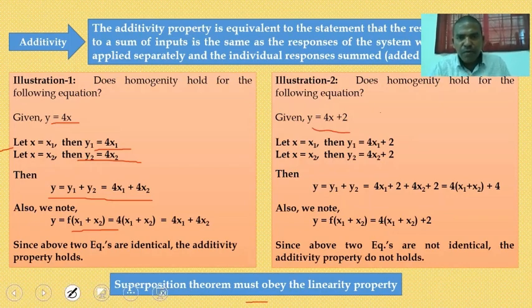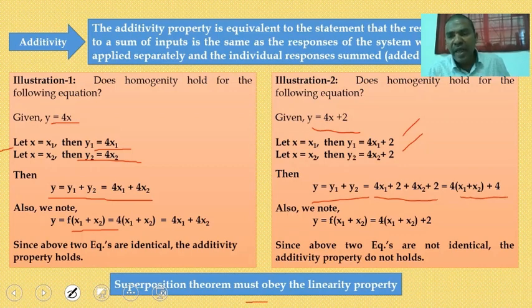Here x is equal to x1, so y1 is equal to 4x1 plus 2. x is equal to x2, y2 is equal to 4x2 plus 2. Now the overall response y is equal to y1 plus y2. If you substitute, you get 4x1 plus 2 plus 4x2 plus 2. So finally, what is the equation you are getting? 4 times x1 plus x2 plus 4.